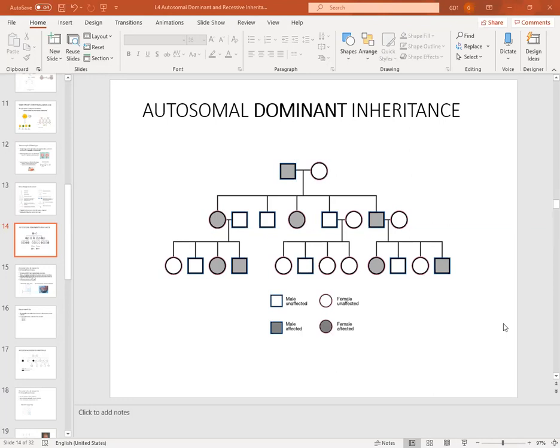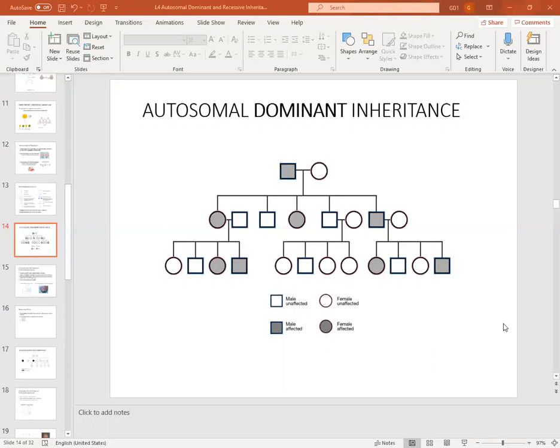In the pedigree, if we just have the men getting the disease, that means it is quite related to the Y chromosome, right?